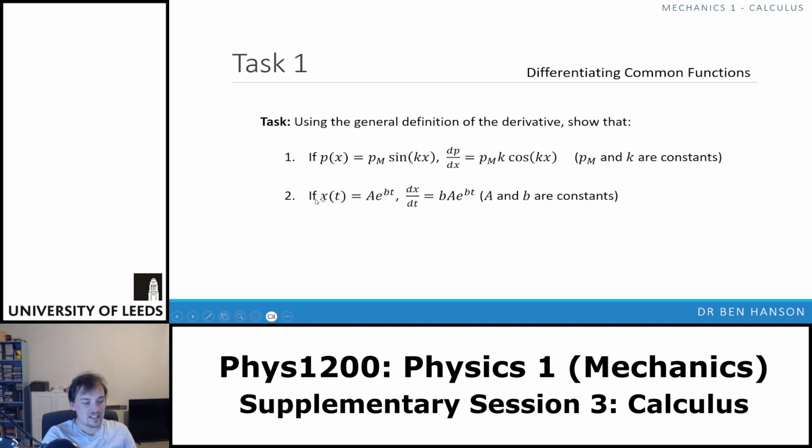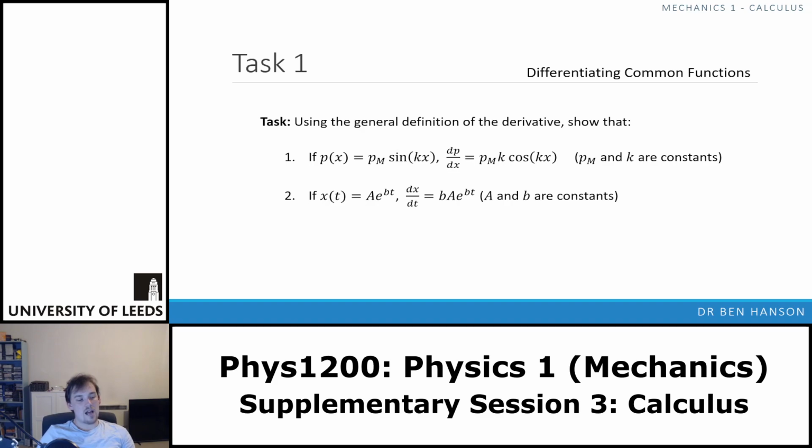The second one is if x of t, some function x, which is a function of t, is equal to a e to the bt, then the derivative, or the gradient, dx by dt, is equal to b a e to the bt. So all we've done is bring down that b, where a and b are constants, t is the parameter, and e is the exponential function.